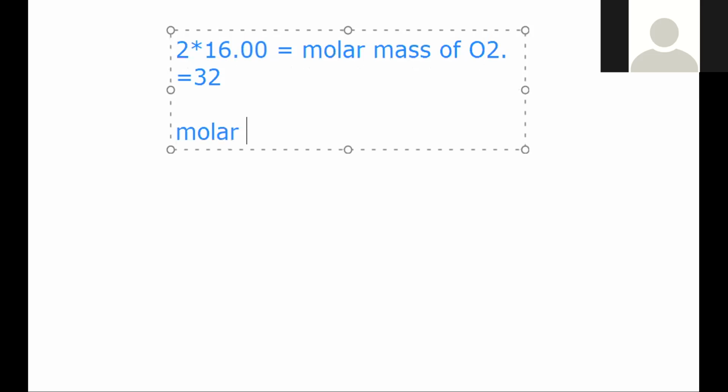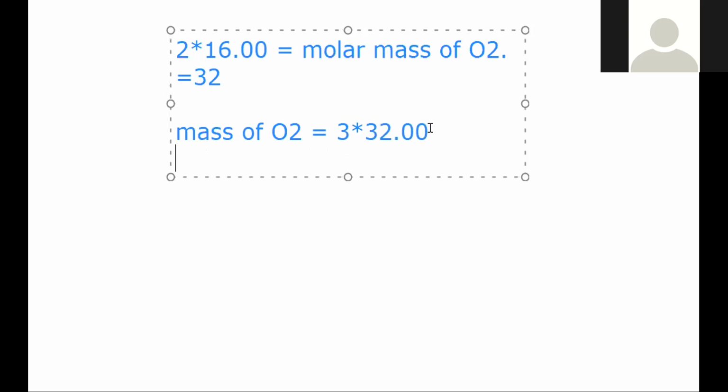So the mass of 3 moles is 3 times 32, which would also equal 96.